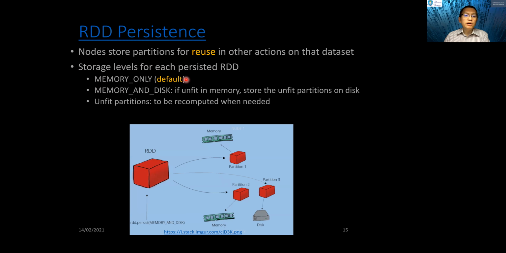Another option is memory and disk. This means if the data is too large for the memory, then it will store the remaining partitions on disk. In either case, if there are still some partitions that cannot fit, then they need to be recomputed when needed.